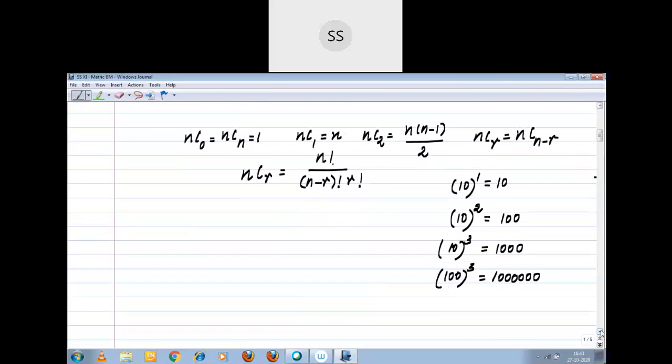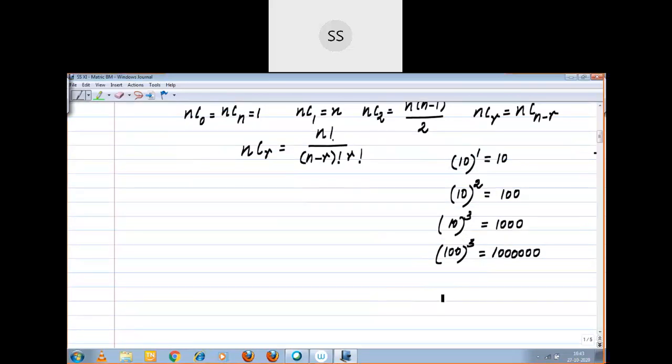You may ask, suppose 20, how is it? Yes, you may ask, right? Now you see, 20 the whole power 2. It can be written as (2 into 10) to the power 2. Am I right, children? Now, you are going to apply the law of exponent, that is (ab)^n equal to a^n into b^n.